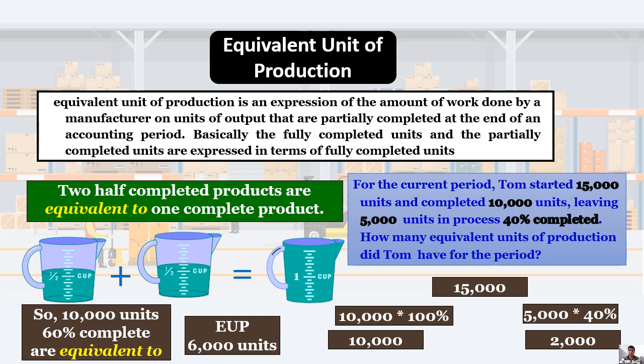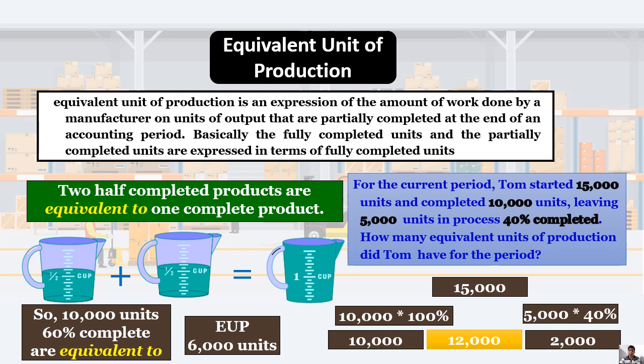So in this case, ang hinahanap natin ay equivalent unit of production. You just need to add the equivalent unit of production of the completed items and the equivalent unit of production of the partially completed items. So basically, in this example, ang ating equivalent unit of production will be 12,000 units.